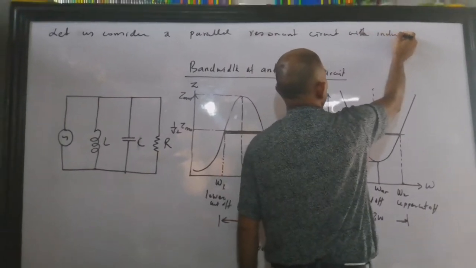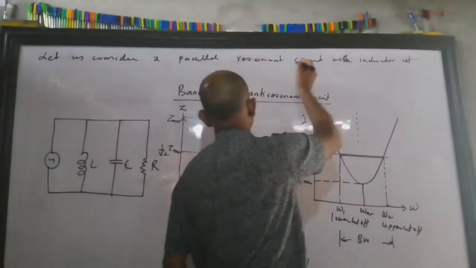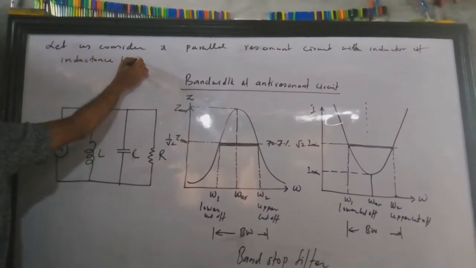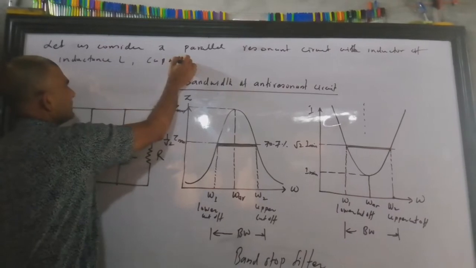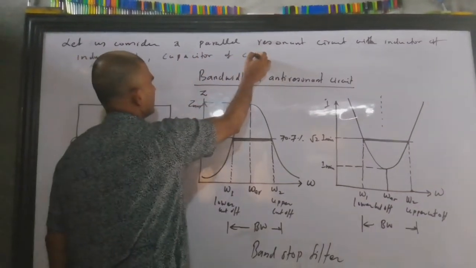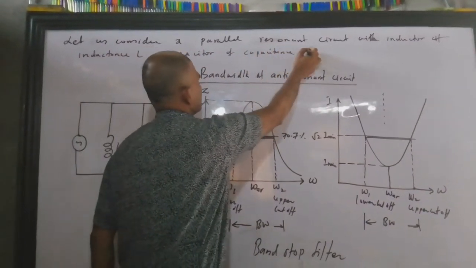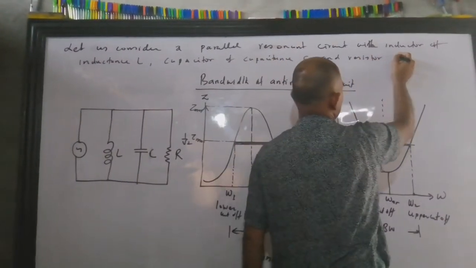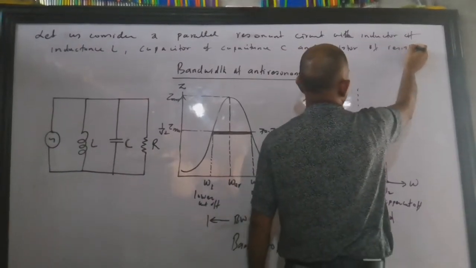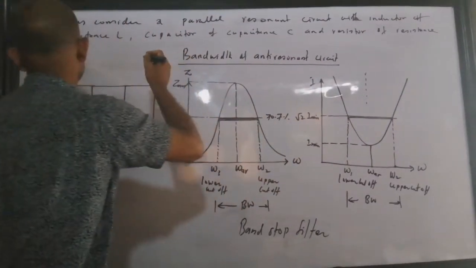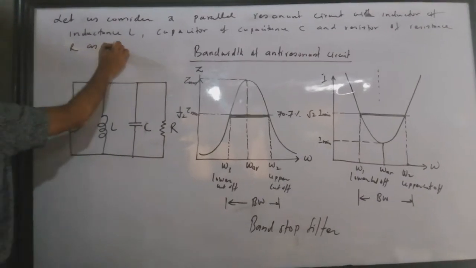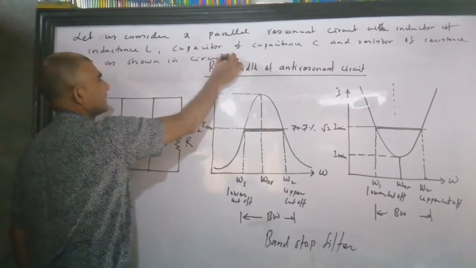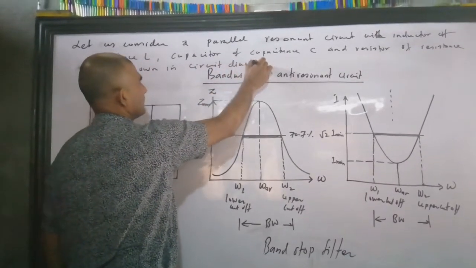with an inductor of inductance L, a capacitor of capacitance C, and a resistor of resistance R, as shown in the circuit diagram.